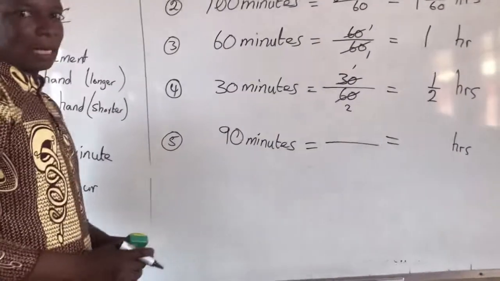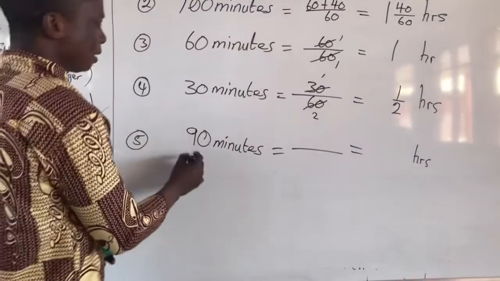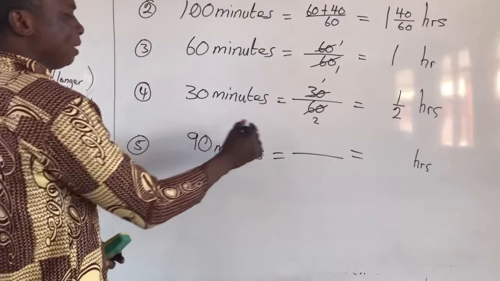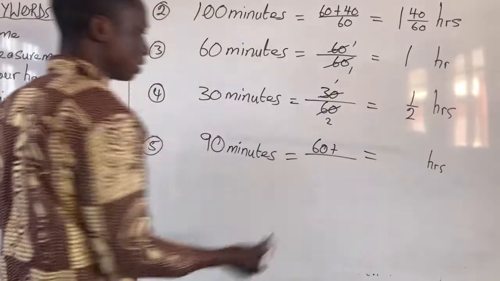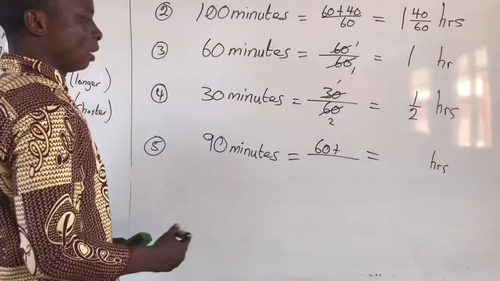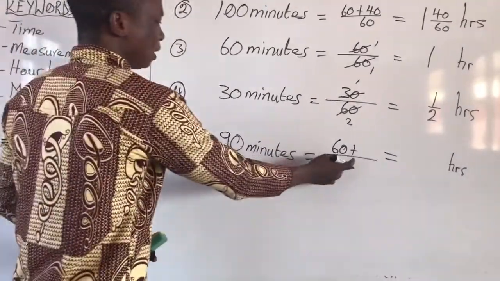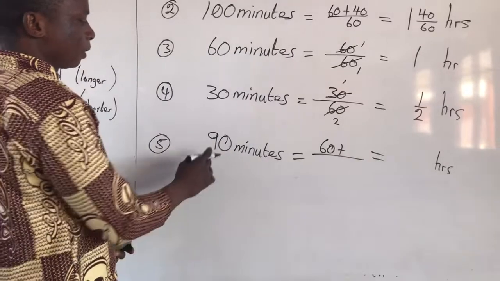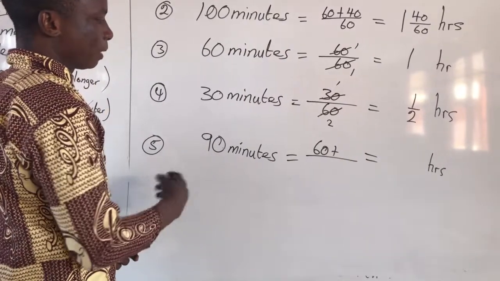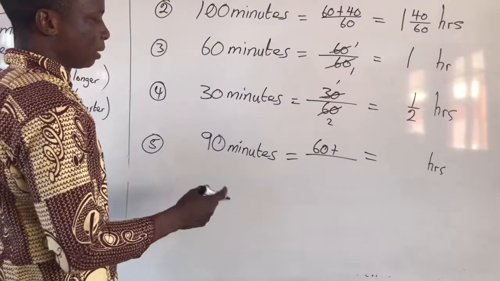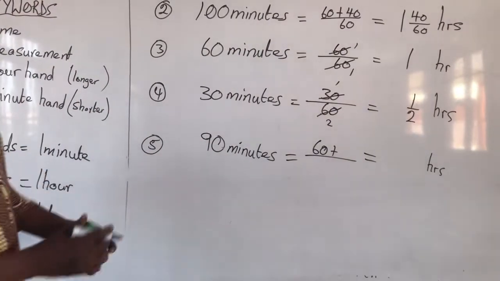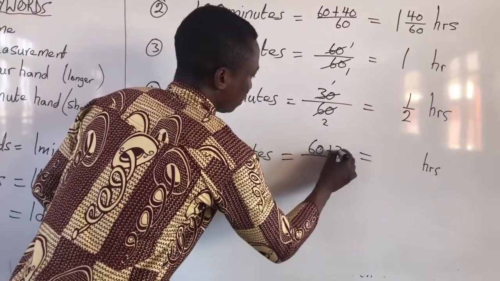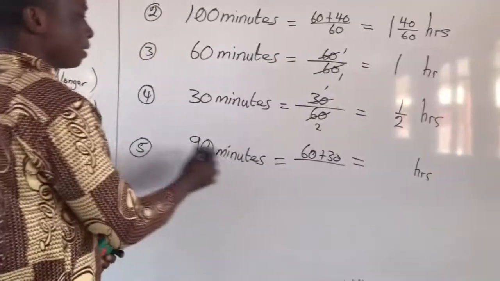Let's move on to the last example. 90. 60 plus a number will give you 90. What number is that? 20? No. 20 plus 60 is what? 80. Let's look at 30 plus 60. 30 plus 60 is 90.